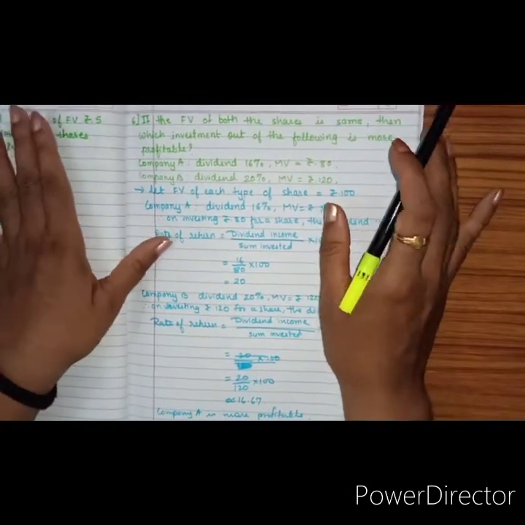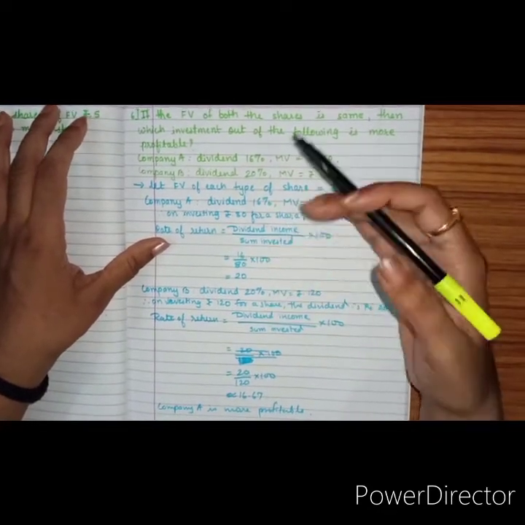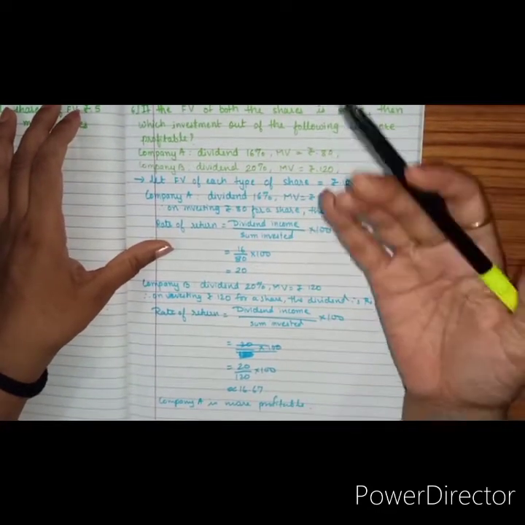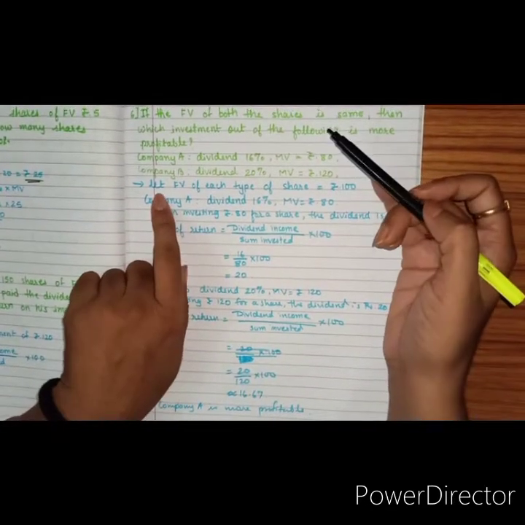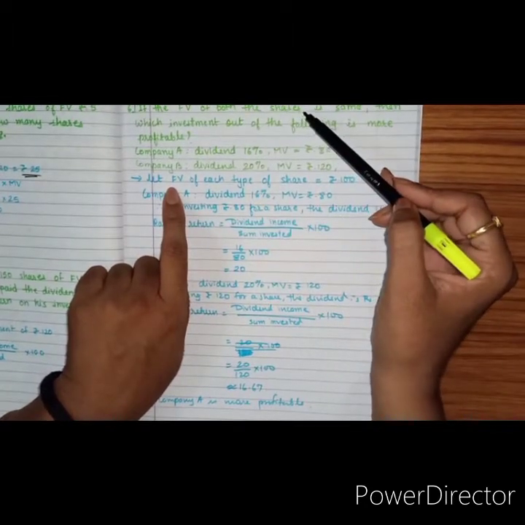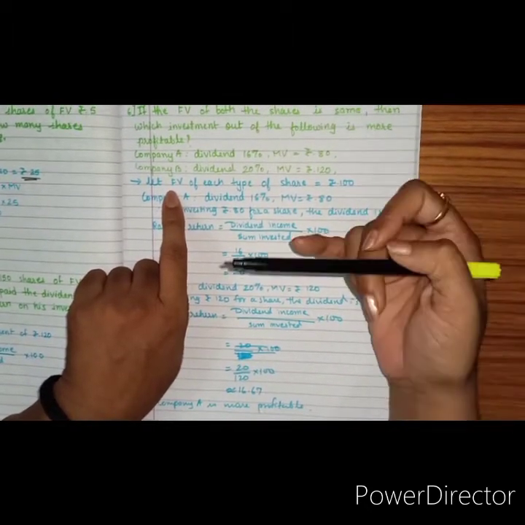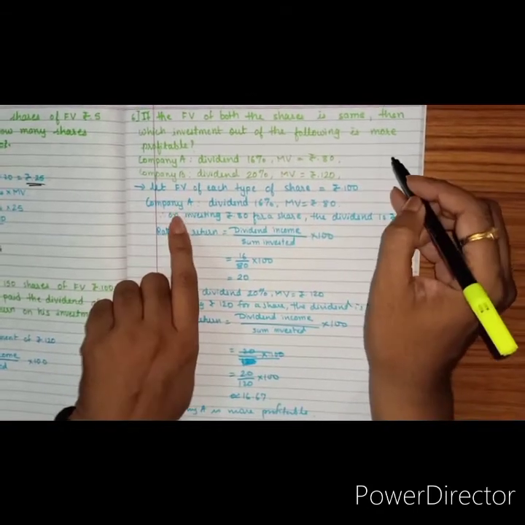Very easy example. What you are supposed to find is which investment is more profitable. Let us write down first what is given to us. If the face value of both the shares is same, let us consider that the face value of each is rupees 100.